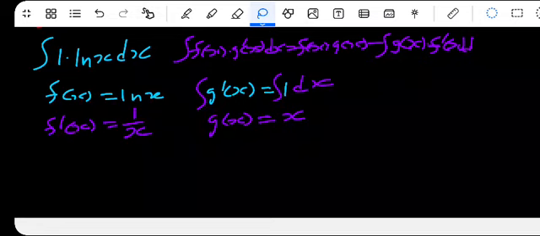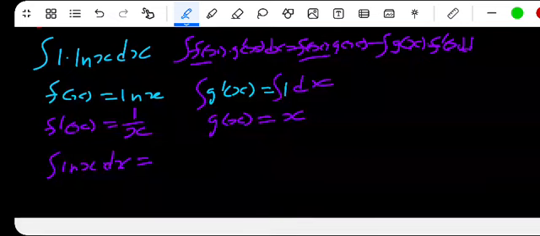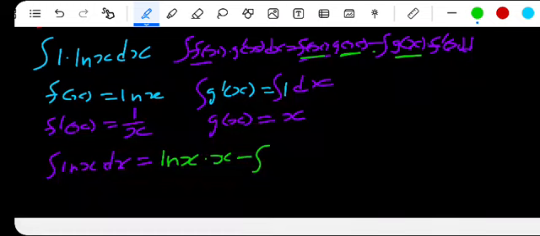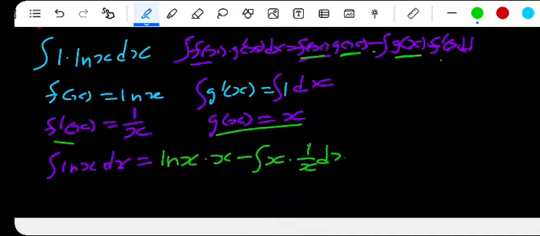So f of x, we set to be equal to ln x. I'll have the integral of ln x dx, where g prime is 1, will be equal to f of x, which is ln x, multiplied by g of x, which is x, minus the integral of g of x, which is x, multiplied by f prime, which is 1 over x dx.